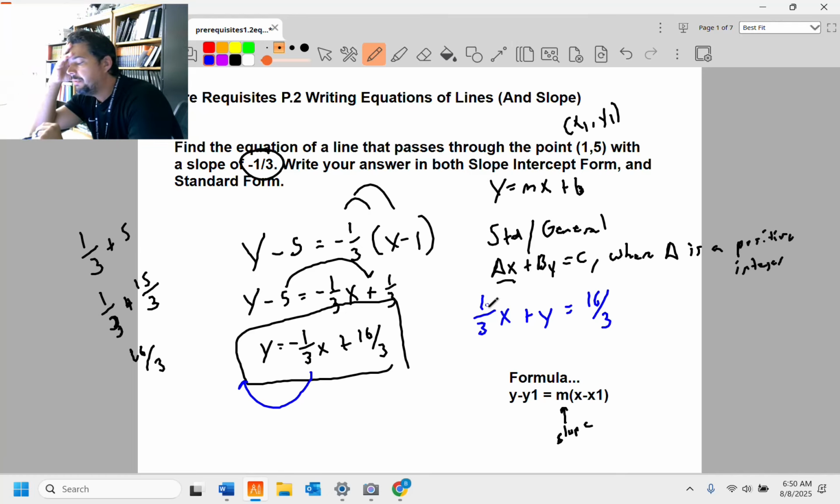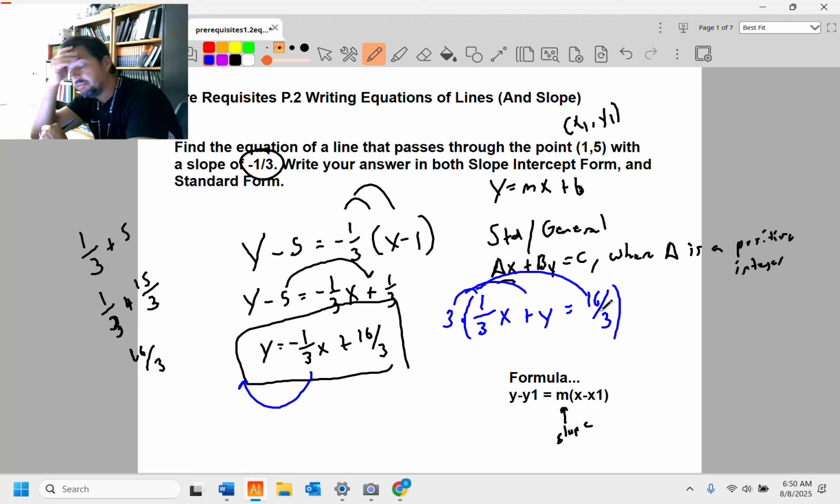Now, it's supposed to be a positive integer. A third is not an integer. That's a rational number. To make it an integer, we're going to do the opposite of division, and the opposite of division is multiplication. And if I only multiply that term by 3, I break balance. So I actually have to multiply all the terms by 3. That's called equality.